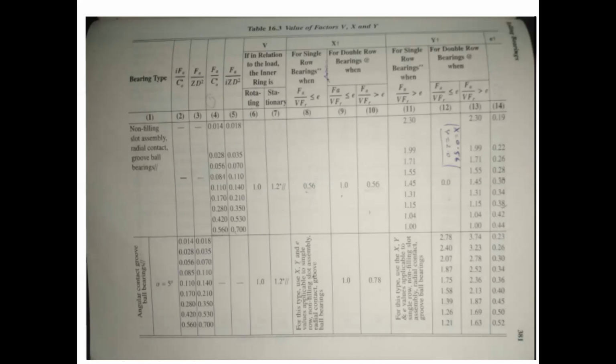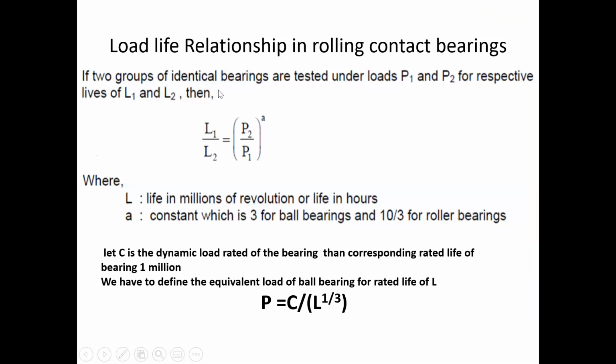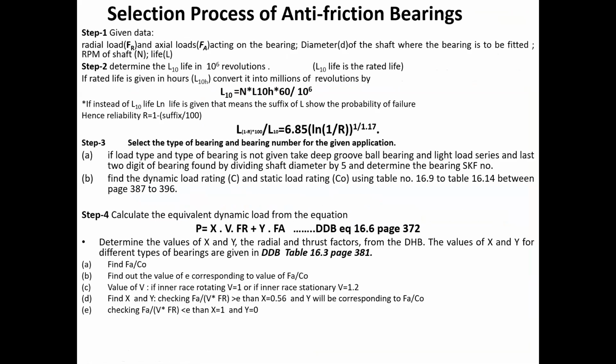But in the normal case, by default, we take V equal to 1 because we are considering the inner race is rotating. Now to find out X and Y, the first thing we have to calculate is Fa by C naught. So first we find out this value Fa upon C naught. This Fa is nothing but the axial load which is coming over the bearing.